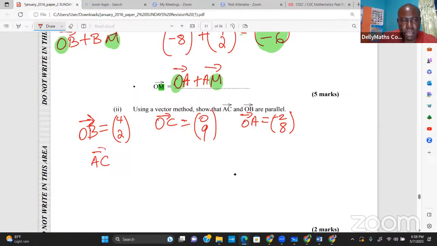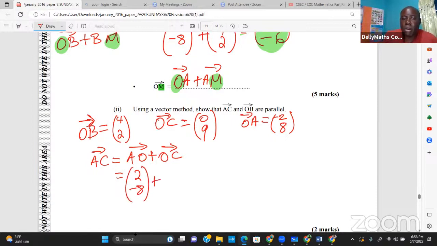AC means that I'm going to move from A to O, plus I'm going to move from O to C. So I'm going to go the opposite direction of OA. So AO is +2, -8, going the opposite direction, plus OC, 0, 9, going in the same direction. That gives 2, 1, and that is AC.